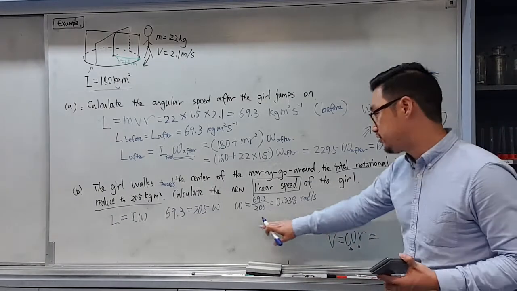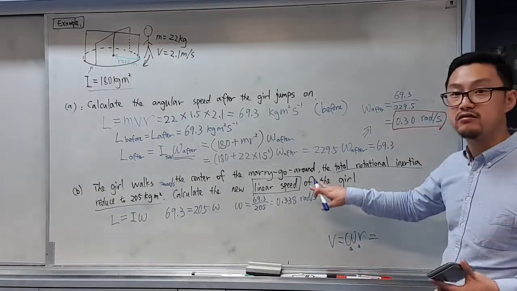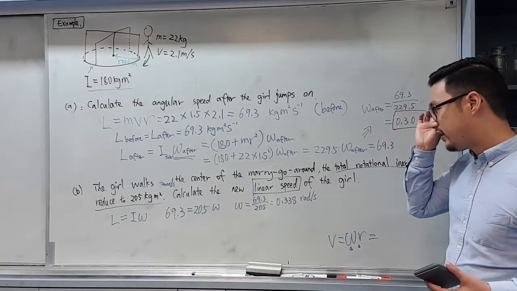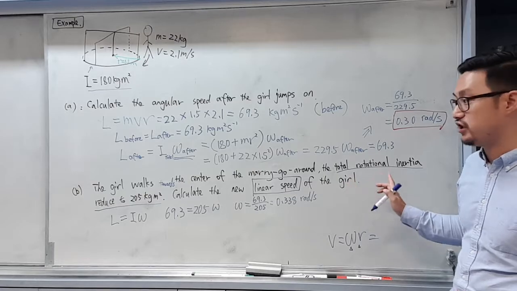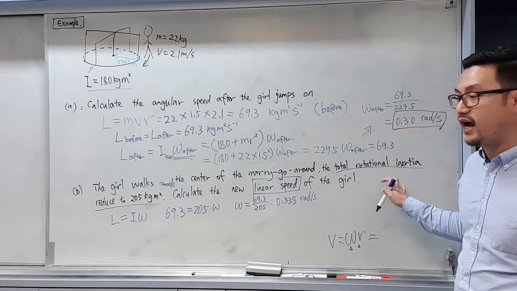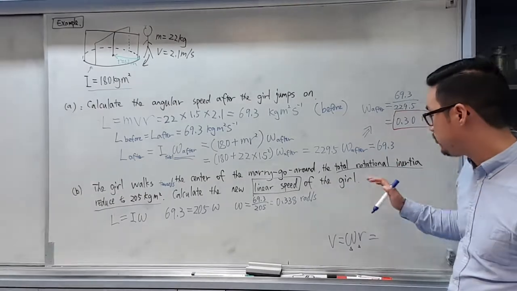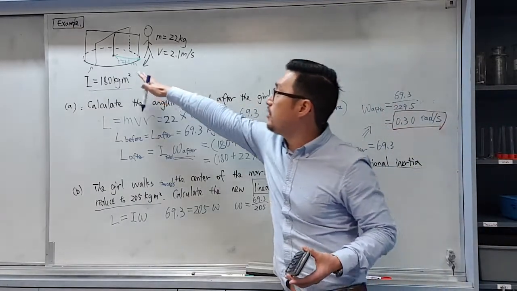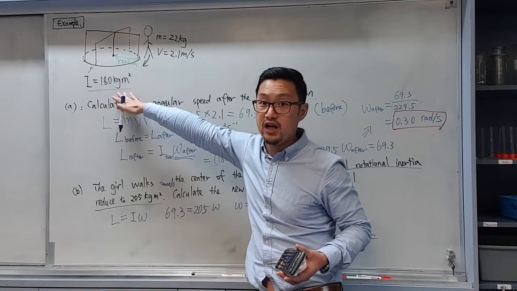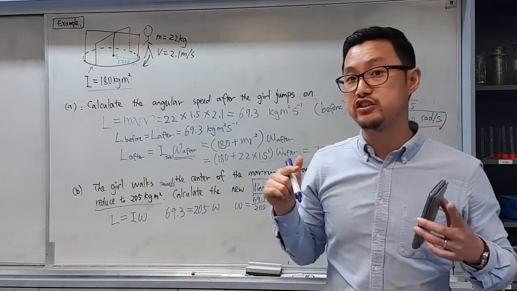Now I just need to find the radius of this girl. How do I find the radius? Again, no other information. The only information we know is rotational inertia. So here is a little trick. Where does this rotational inertia come from? The merry-go-round has a rotational inertia, and that is not changing.